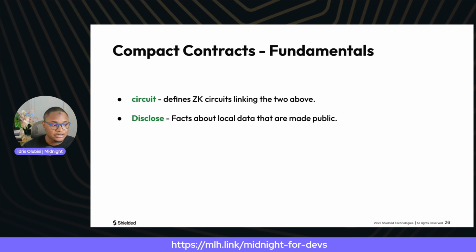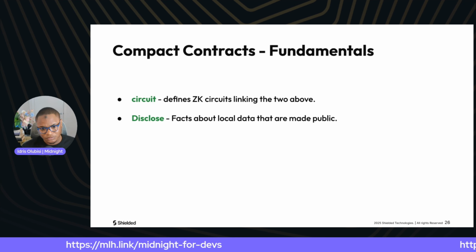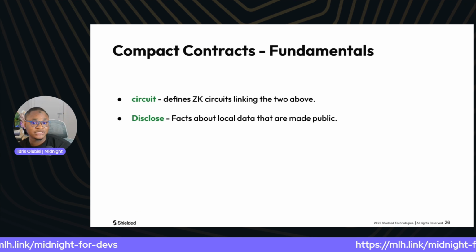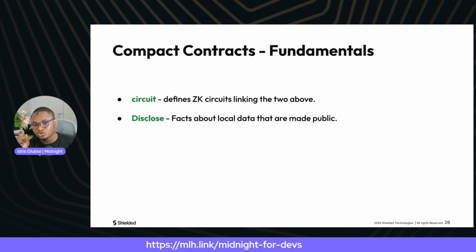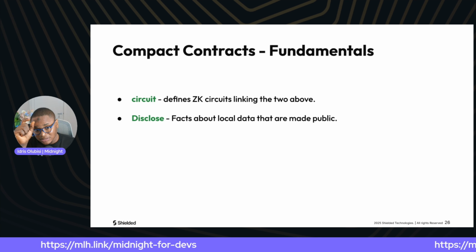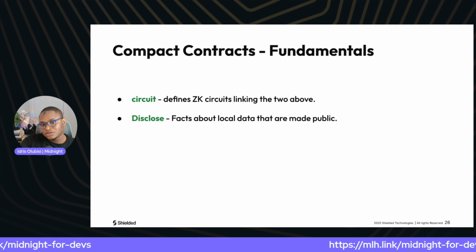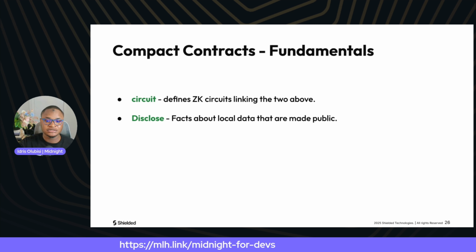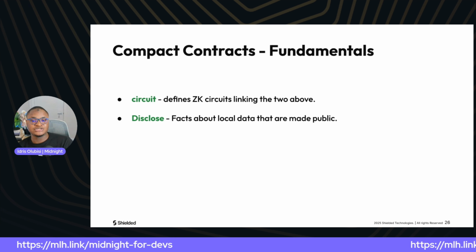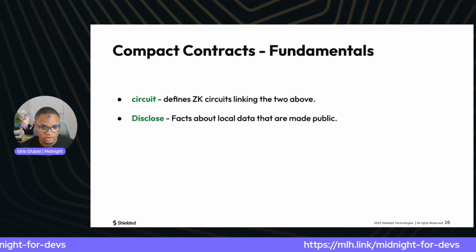And then finally, the disclose. This is the safety mechanism I mentioned earlier on. If you have a private witness value and you want to do something with it, like reveal the information, store it on chain, or compare it in a condition and return it, you need to wrap it in something called disclose.